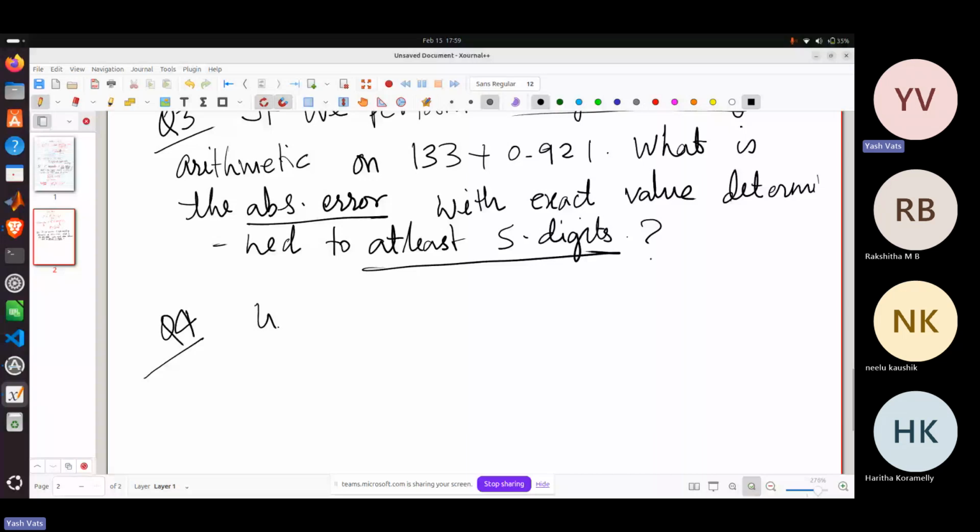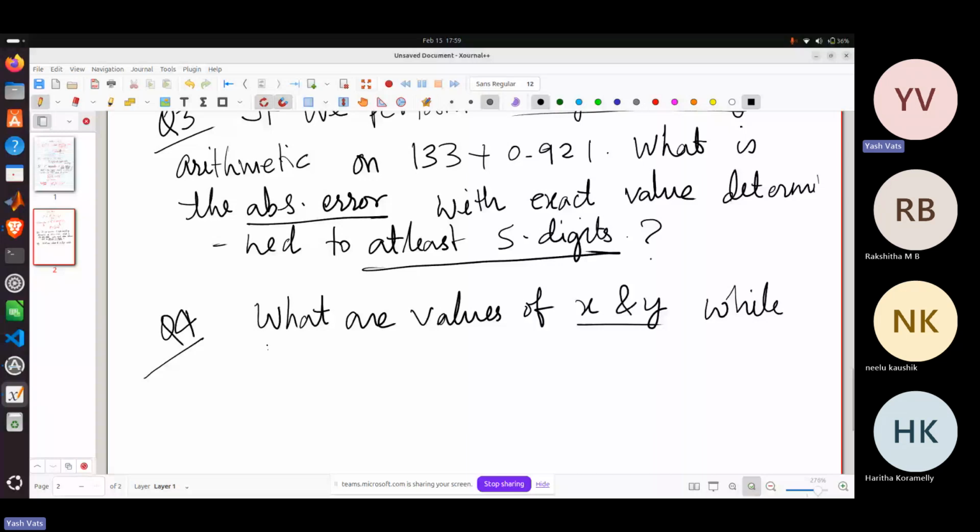And the other question is, what are the values of x and y while solving the linear system using 4-digit rounding?